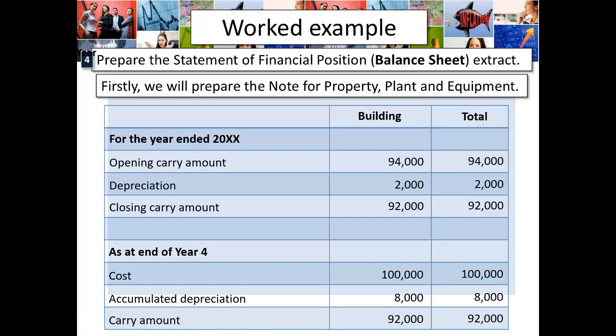The cost price of the buildings, accumulated depreciation is $8,000 because we're in year 4. So 2,000 in the first year, 2,000 in the second year, 2,000 in the third year, 2,000 in this fourth year, giving a total accumulated depreciation of $8,000 and a carrying amount at the end of year 4 of $92,000.